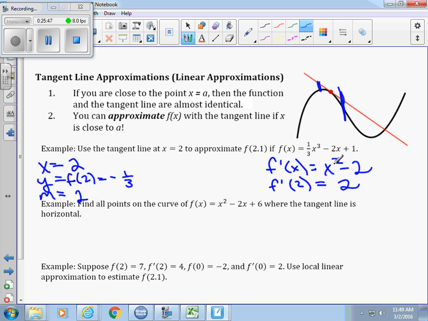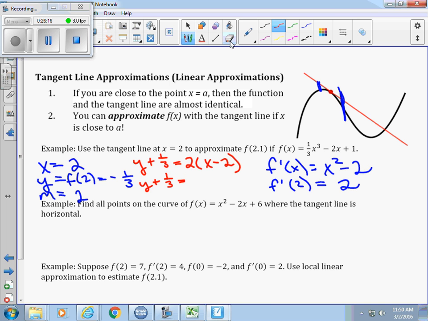So don't put x's in your tangent lines, except where an x goes in a tangent line. y plus 1/3 equals 2 times x minus 2. Now, the question asks me to use the tangent line to approximate f of 2.1. So plug in 2.1 for x.